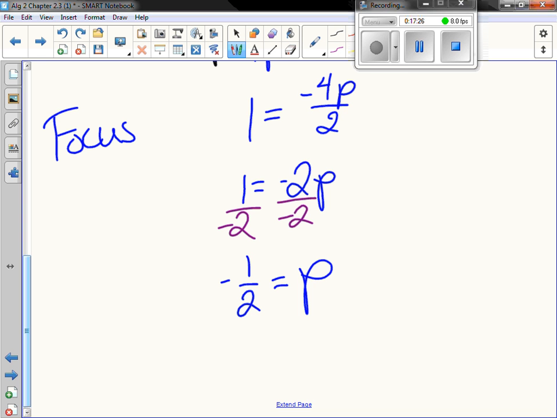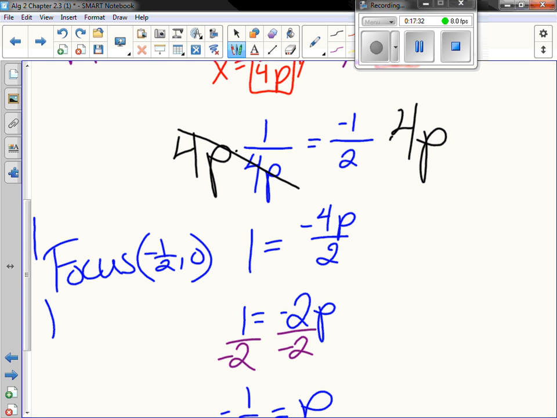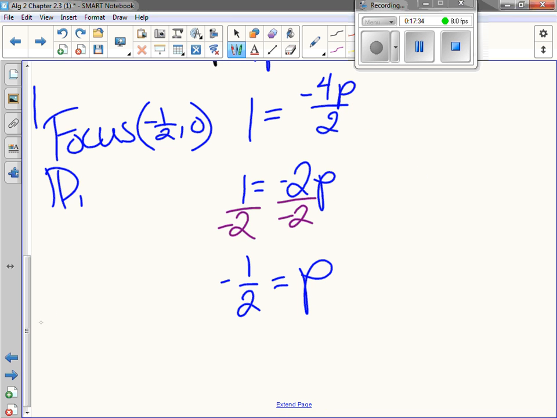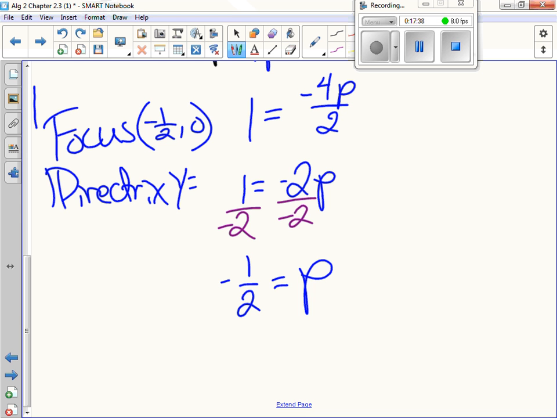Because our focus is (p, 0). Our directrix is x equals negative p. Well, it's already negative, so it's going to become positive.